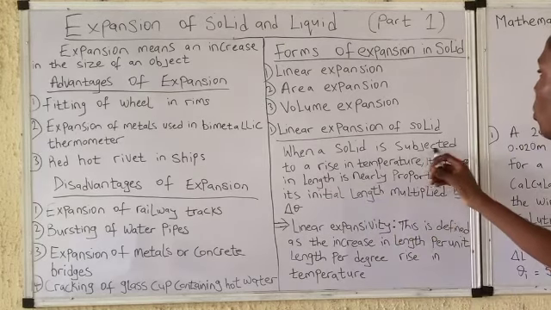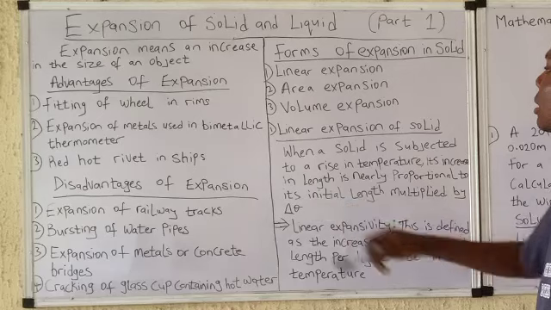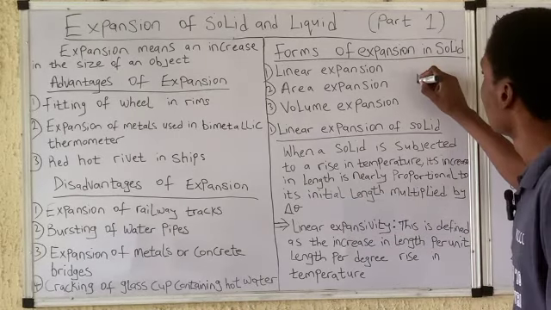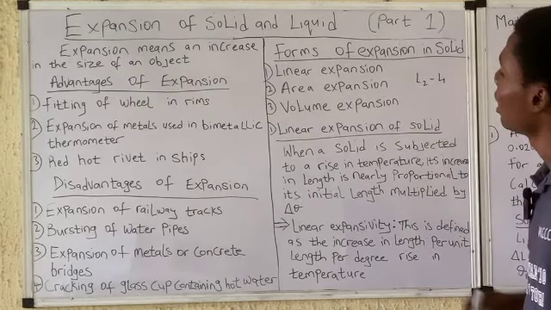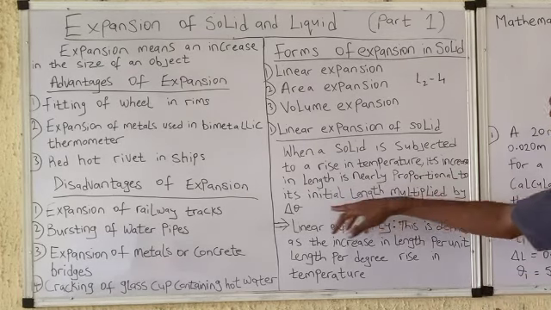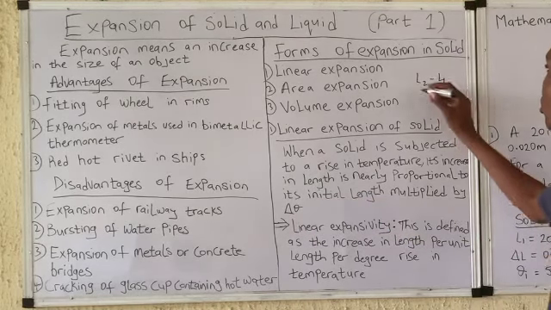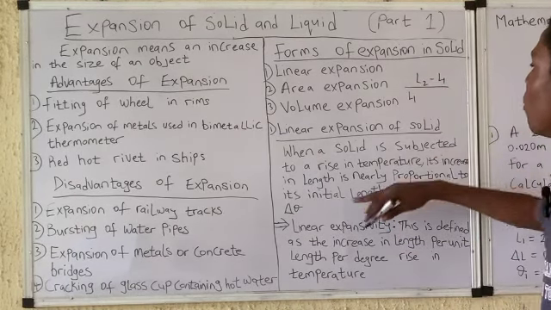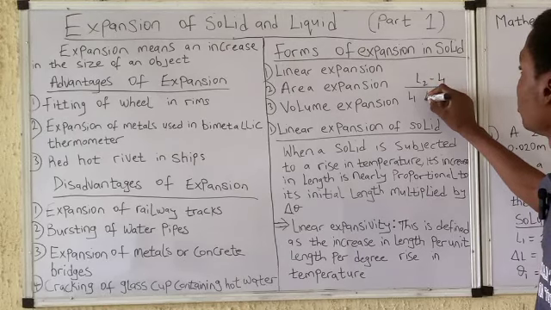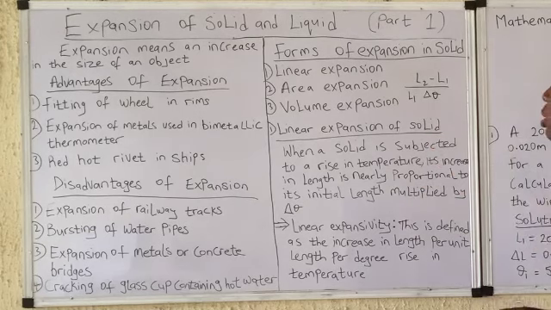That is, when a solid is subjected to a rise in temperature, its increase in length is nearly proportional to its initial length multiplied by its change in temperature. So they're just telling us about the formula.